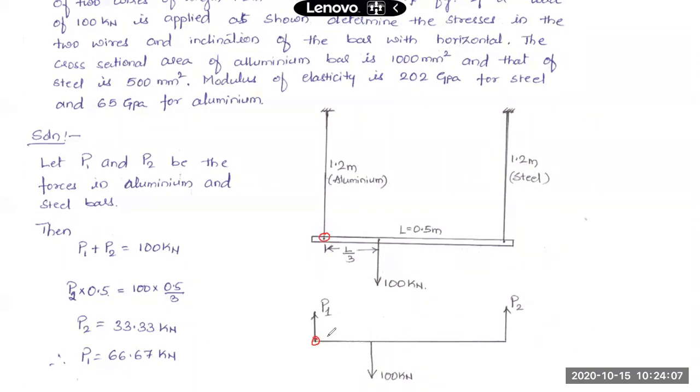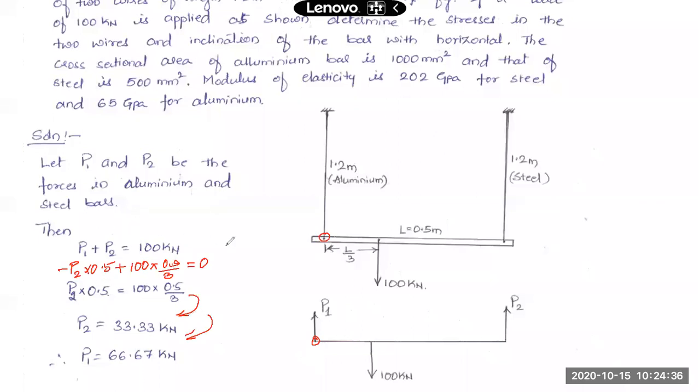So I add all the moments, anti-clockwise moment P2 into 0.5, plus 100 into 0.5 by 3, which should come out to 0. This has been rearranged here, and it gives me P1 and also P2. I'll be able to obtain this.